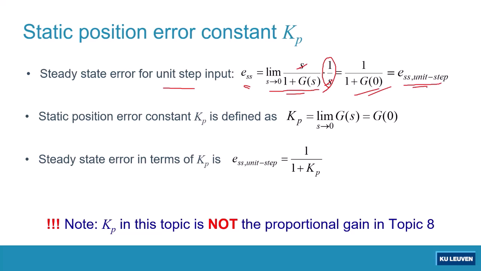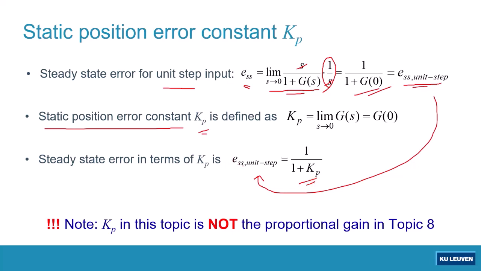Let's say now I define a new variable Kp, which I refer to as a static position error constant, and I define Kp equal to limit s to 0 of G(s), or technically it will be equal to G(0), G when all of the s's are set to 0. Then I can formulate the steady state error of unit step input as you can see in this equation.